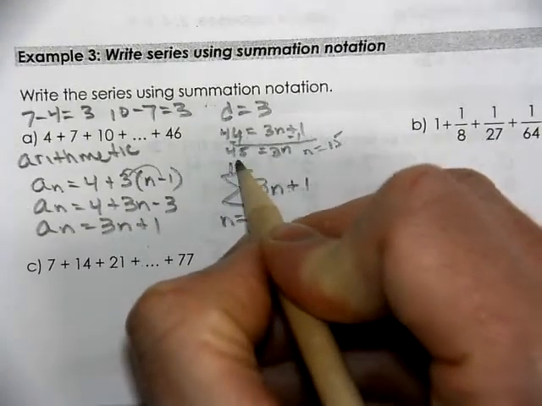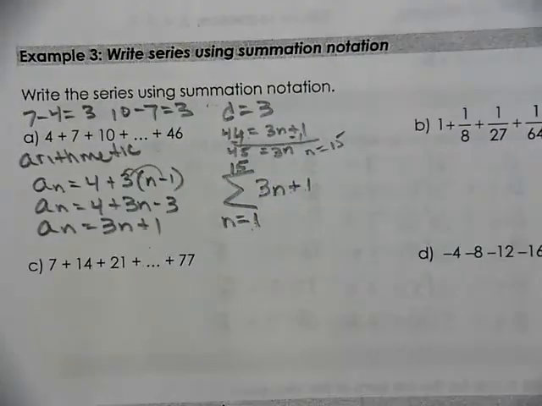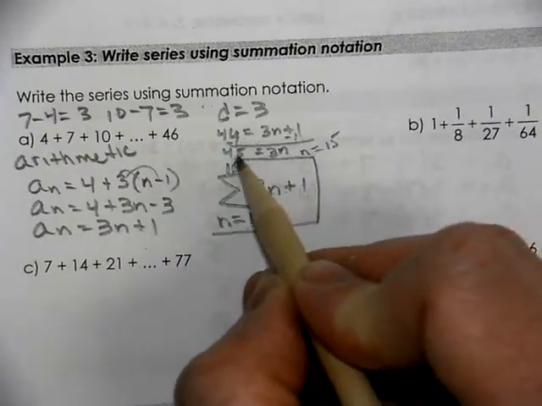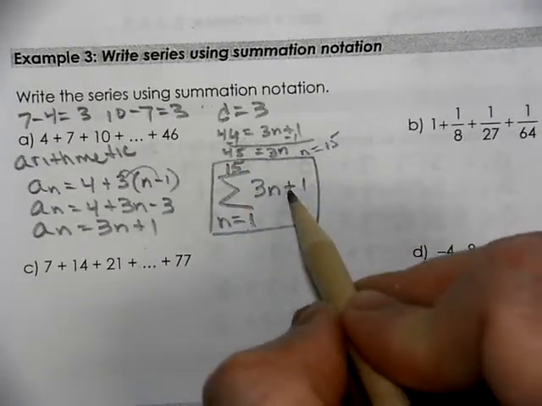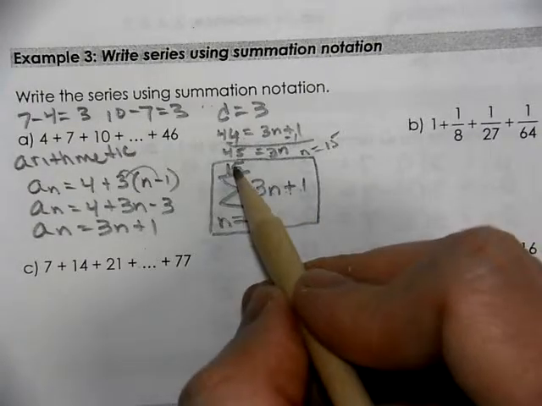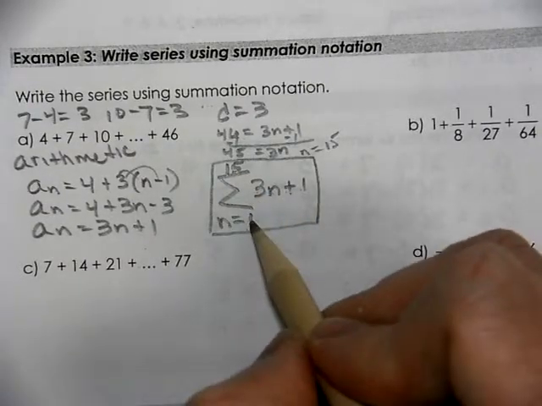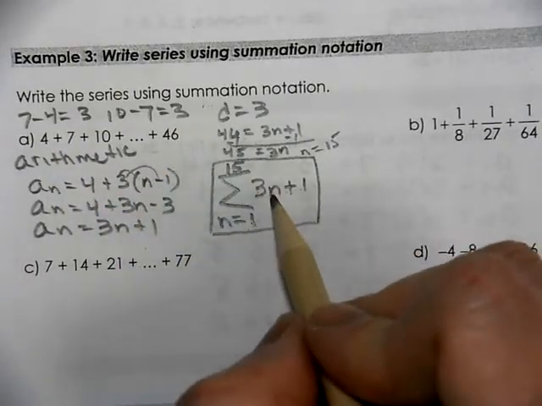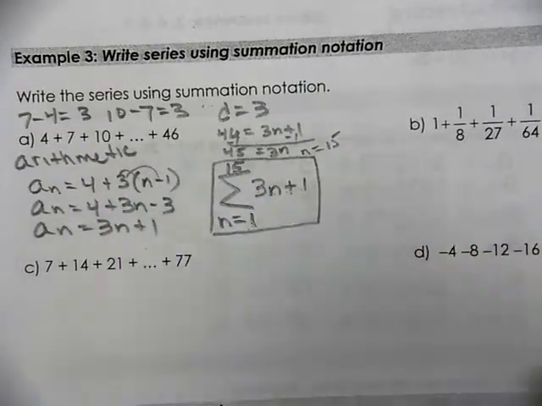So we'll put a 15 on top of our sigma, called our upper limit. And there is your sigma notation. It has a rule, a lower limit, and an upper limit. You need the 1 to determine what your first term is. You need the 15 to determine what your last term is.